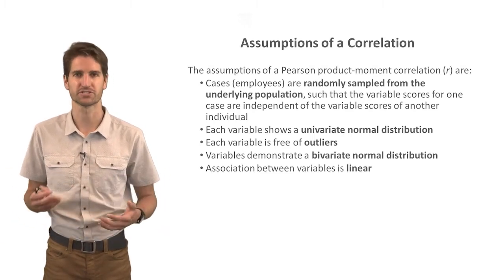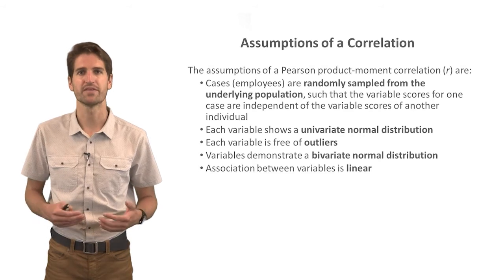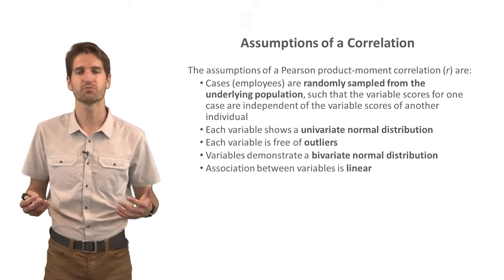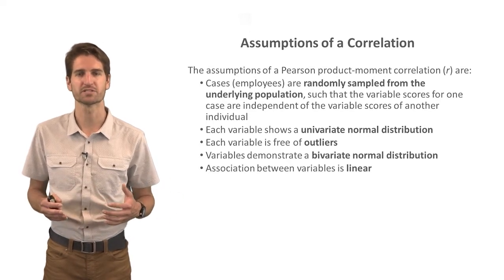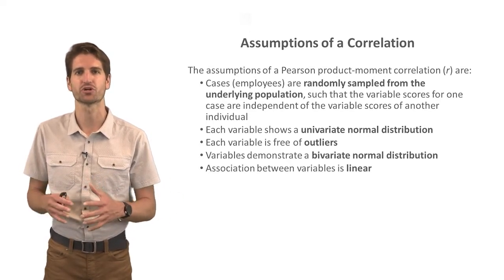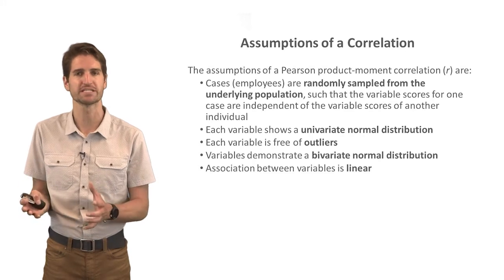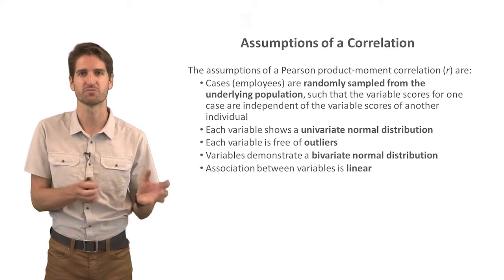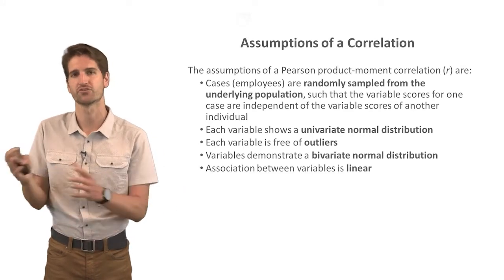So this is important to consider in the context of correlation, and this is the first assumption we want to make. Now, randomly sampling people might not always be the way we go about doing things, but we want to at least make sure that there's no really obvious clustering in the data, or in other words, nesting of the data where there's different pockets of people that are more similar to each other with similar scores than other people.